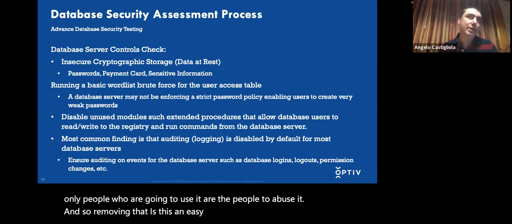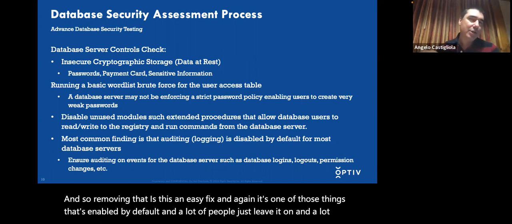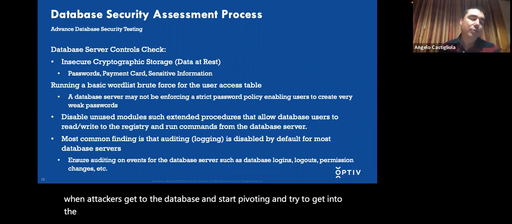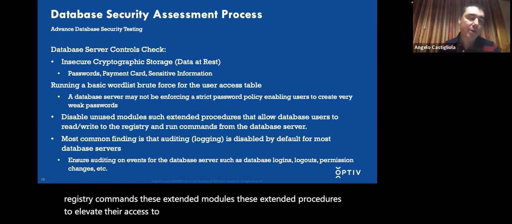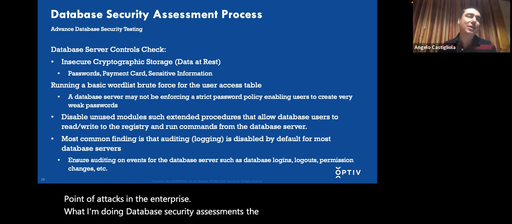Again, it's enabled by default, and a lot of people just leave it on. When attackers get to the database and start pivoting to try to get into the network, that's the route they take. They use these registry commands, these extended procedures, to elevate their access to other points of attack in the enterprise.